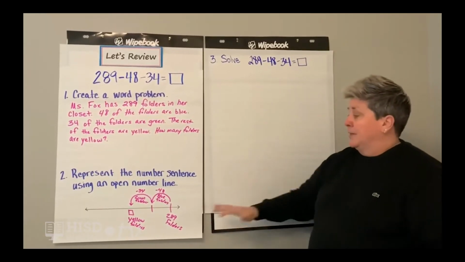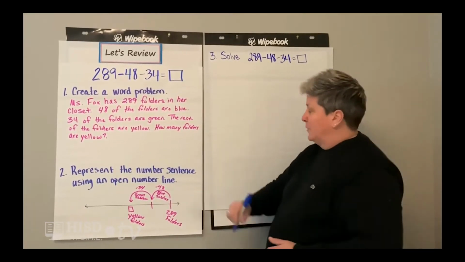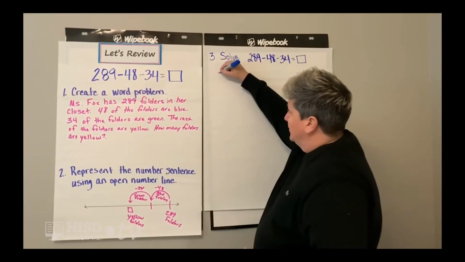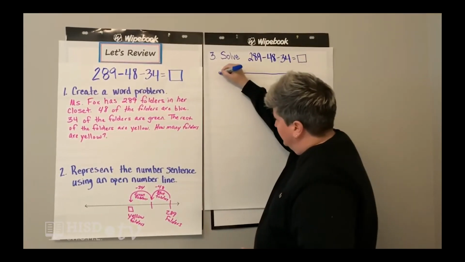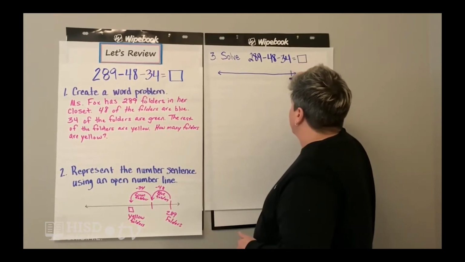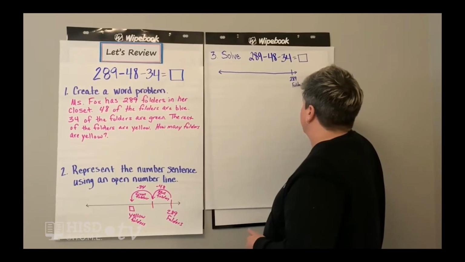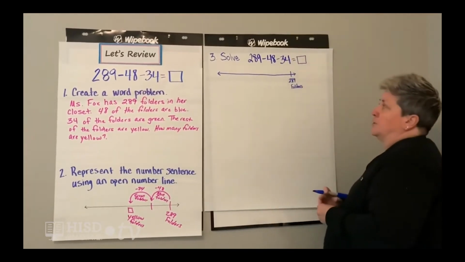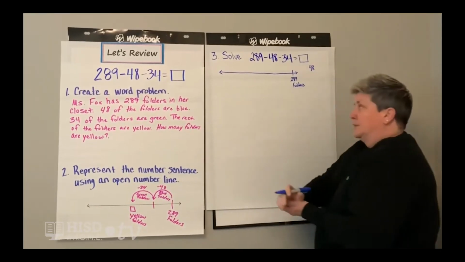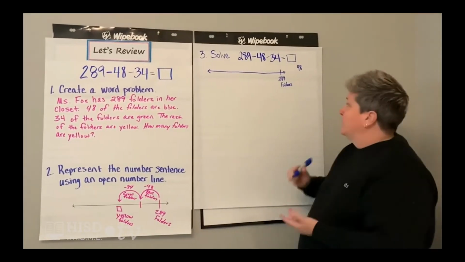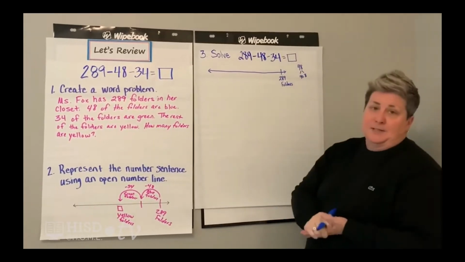So as we begin, let's start with the number sentence that we generated when we represented the problem. So we know that we had our number sentence and we started with a total of 289 folders. So I'm going to take the quantity of 48 and I'm going to decompose this into 40 and 8.